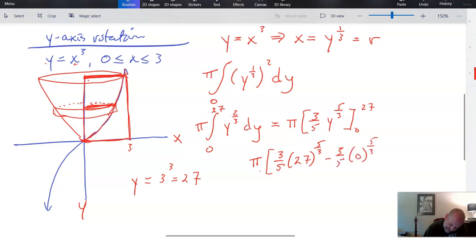So 0 to the 5/3 is 0. I don't have to worry about that. So this part right here goes to 0. So I just need to worry about 27 to the 5/3.